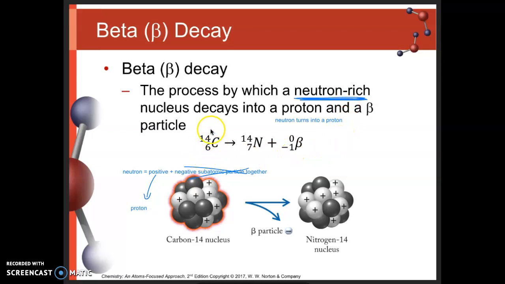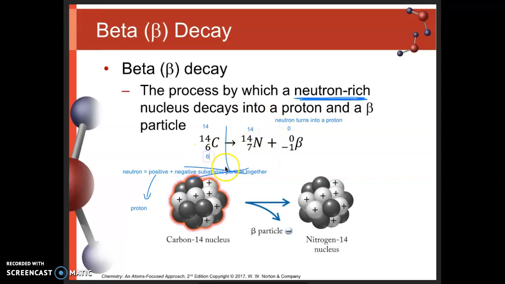And so the example here, we've got carbon-14 decaying into nitrogen-14 and a beta particle. We can see just from looking at our radioactive transmutation reaction here, we started with 14 mass numbers. The beta particle had 0 mass because it's just a small charged subatomic particle, which means that 14 were left over for the daughter nucleus.